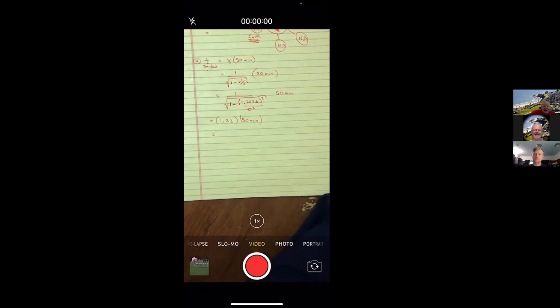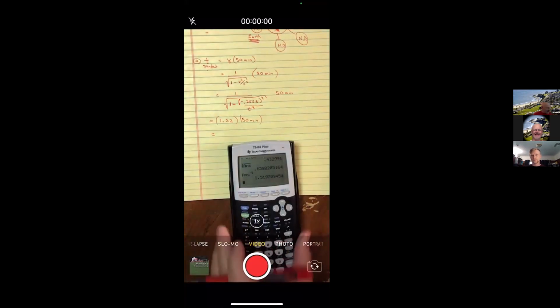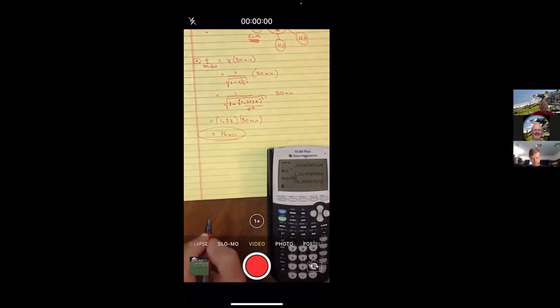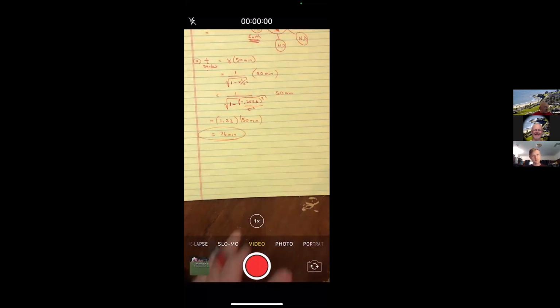They're going to go, hey, all right. And so don't tell them the clock is running slow. We've got this time. So when I multiply this by 50 minutes, I get pretty close to 76 minutes. That's how the students are going to feel. They're going to be like, oh yeah, their clock's running slow. We got some extra time.